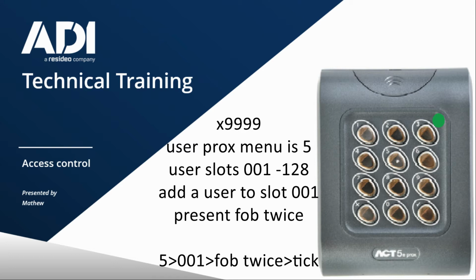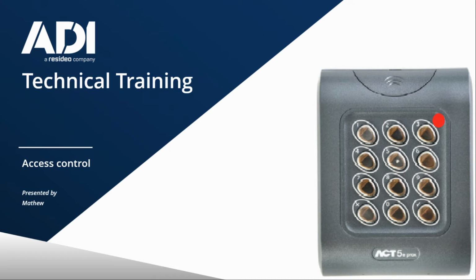The procedure now is to get the person's user fob and present it twice. So presenting it once, the LED is flashing green, rapid flash. Present again. You get the reassurance tone. It's accepted. Press tick. Press X. So we're back out of engineers, back in standby mode.